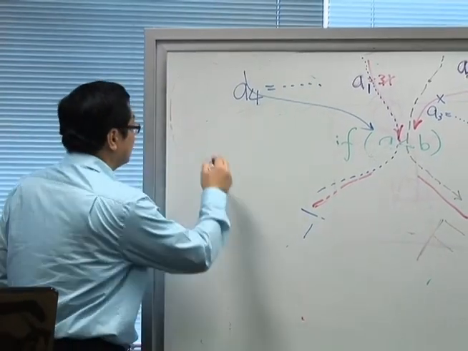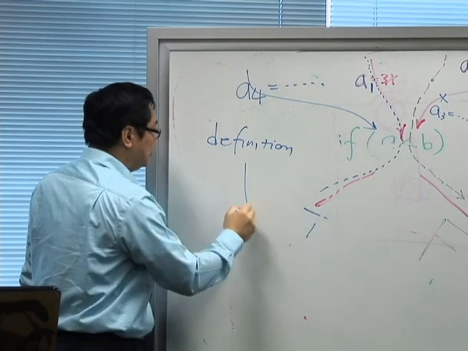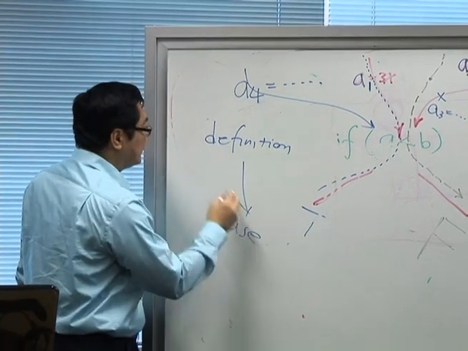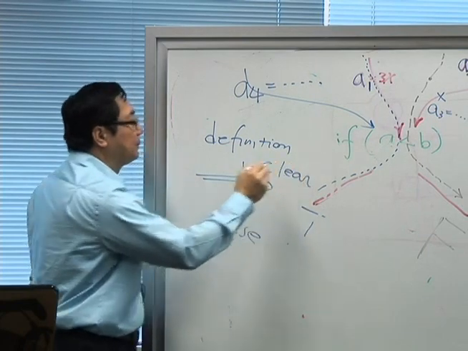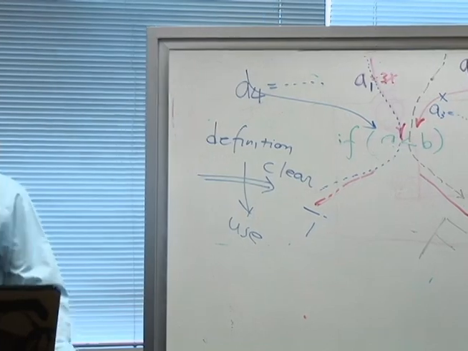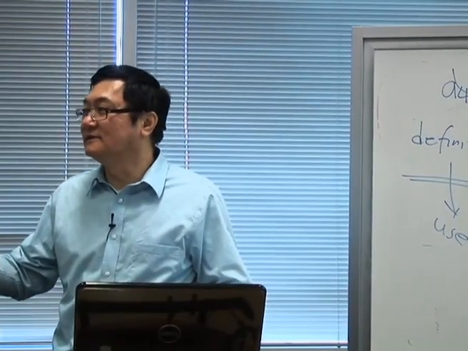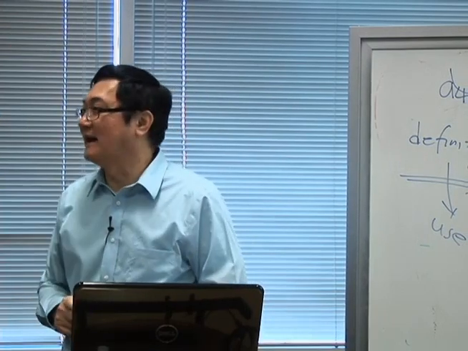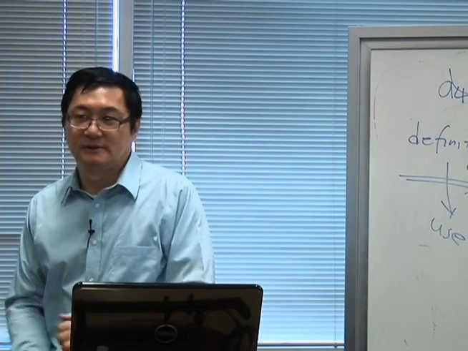So in other words, definition to use in between has to be clear. No redefinition. You cannot redefine. If you redefine, you override the previous value. So the value is blocked, will never reach the use.